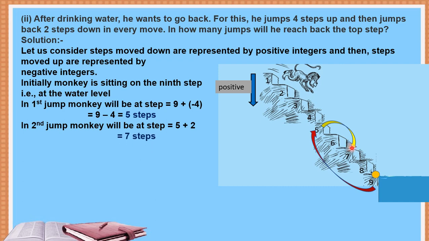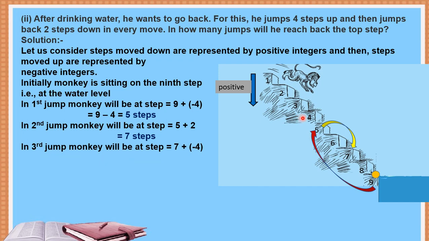From this 7th step, again he jumped 4 steps, that means 7 plus minus 4, as he is going upward, so it is shown by minus, that means a negative integer.